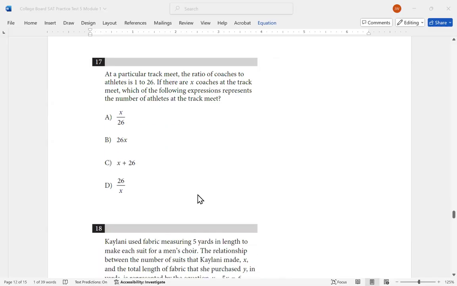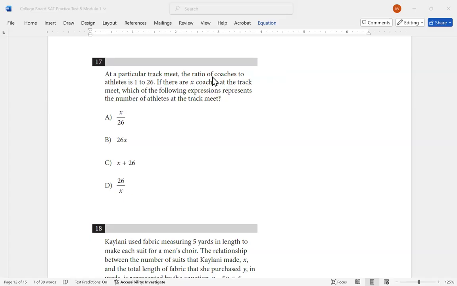Question 17 says, at a particular track meet, the ratio of coaches to athletes is 1 to 26. If there are X coaches on the track, which of the following represents the number of athletes at the track meet?